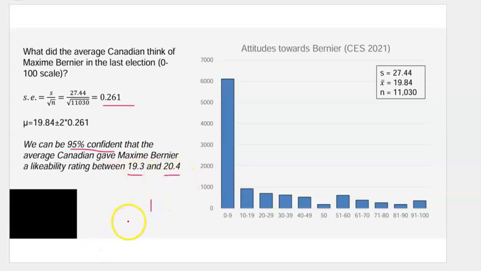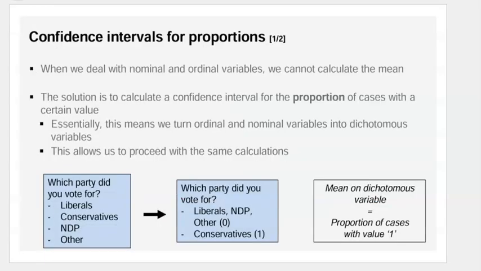So if the average is 19.84, you consider the lower bound 19.3 and the upper bound 20.4. This area is the same. We don't consider one higher and the other lower, they are considered the same. That is about the margin of error.